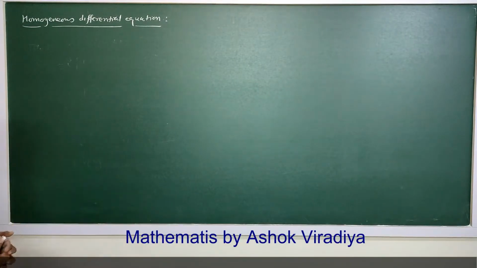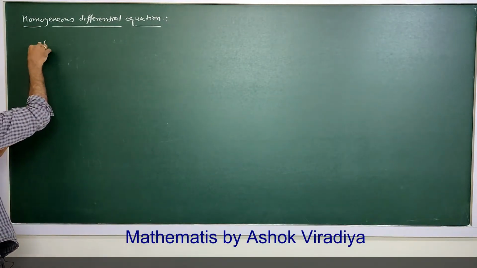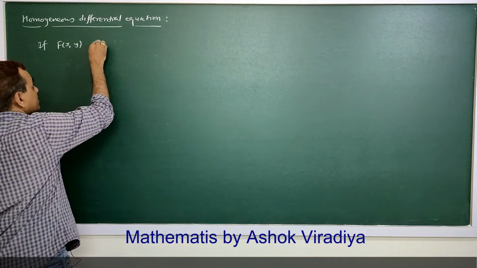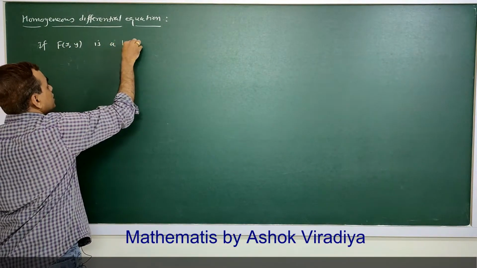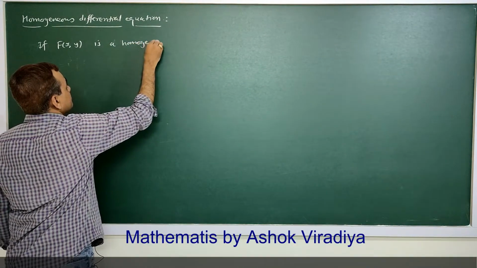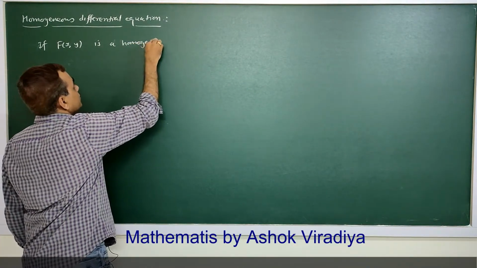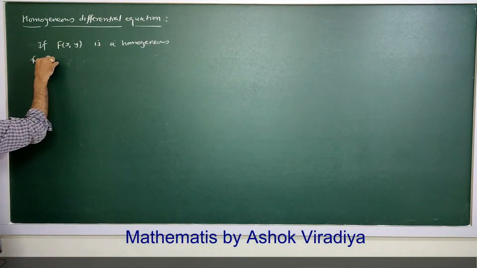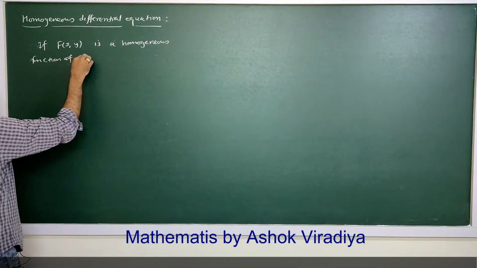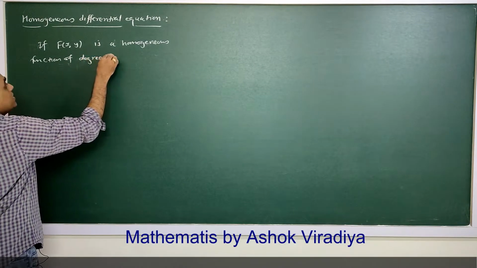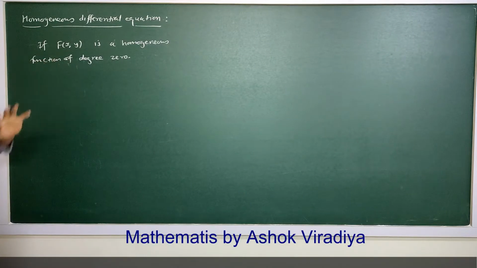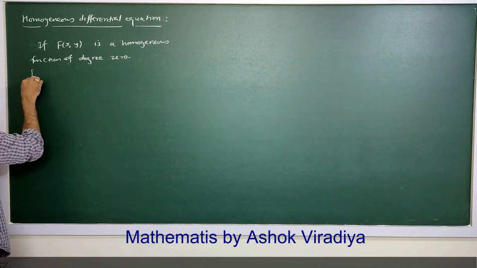So the definition is: if f of xy is a homogeneous function of degree 0, that means what?